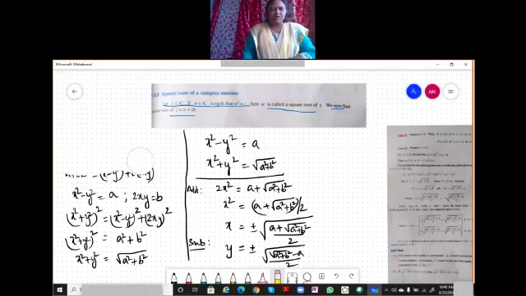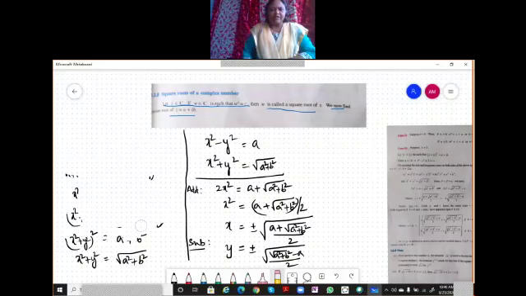Okay, we got x and we got y. So what will we do? We will substitute in z is equal to w square. So we have the x value and we have the y value.